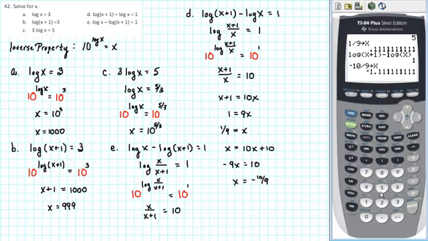And then go back to the original equation and enter the left side, the logarithm of x minus the logarithm of x plus 1. And this time we get an error message, a non-real answer. Let's go to where the error occurs.